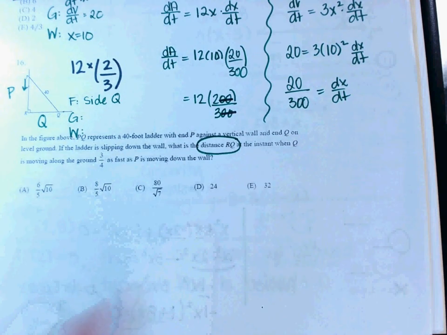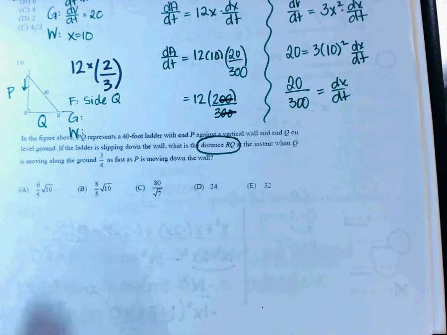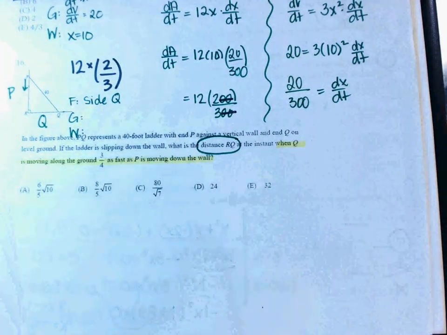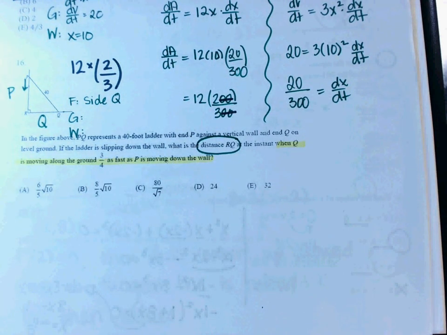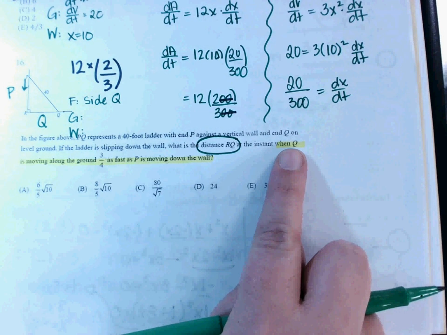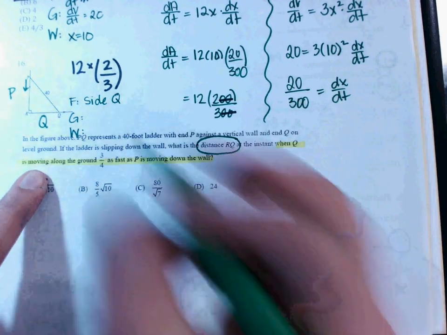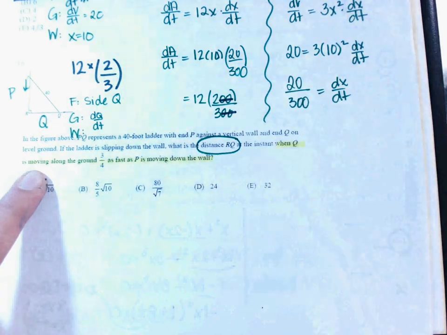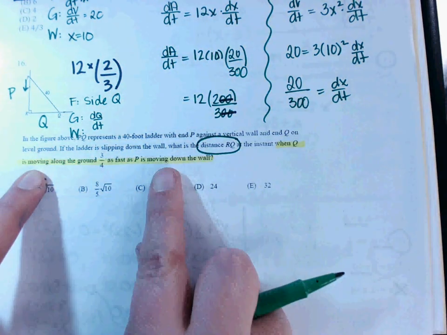Okay, now we're going to dissect this sentence right here. It says Q is moving along the ground 3/4 as fast as P is moving down the wall. Instead of giving you the rate, they're telling you the relationship. What would I call how fast Q is moving? dq dt. And how is it related to how fast P is moving?